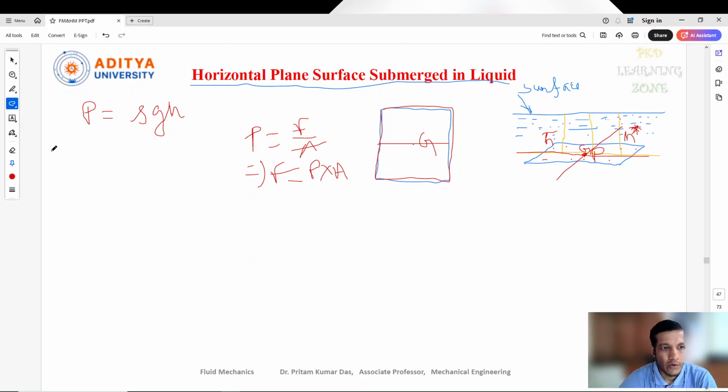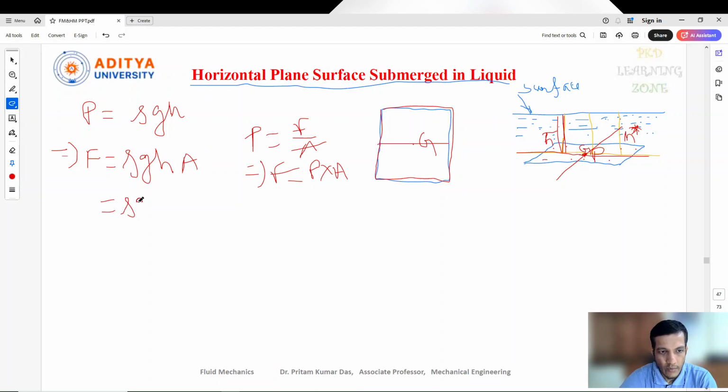Similarly, force equals pressure into area. So if I want to identify the force value here, I can put the value of P, rho gh, in this equation, and I'll get rho gh into area. Now, what is the H value here? The H value is the height from here to here, so we consider it H bar.